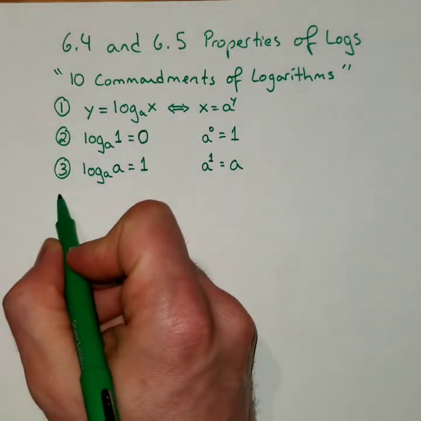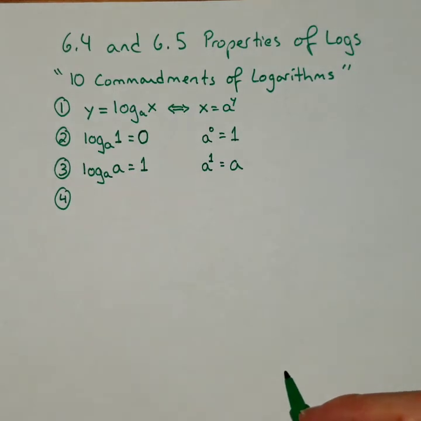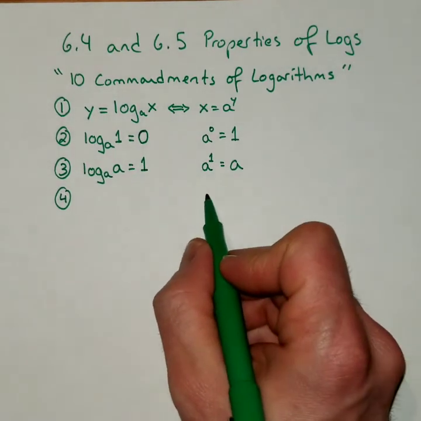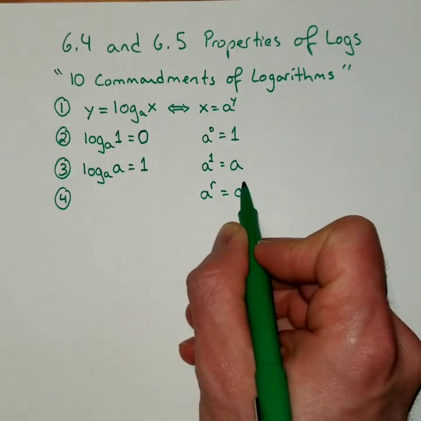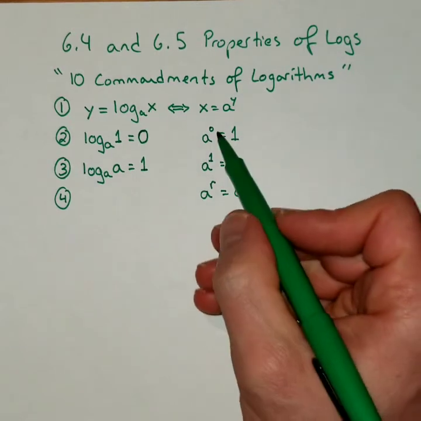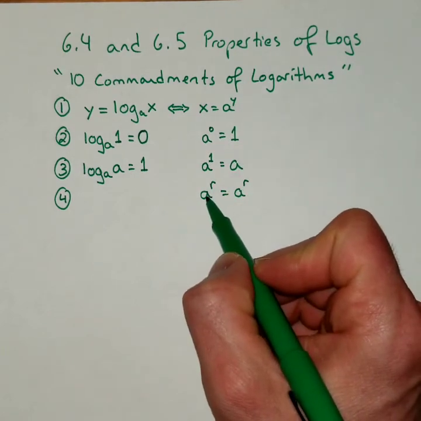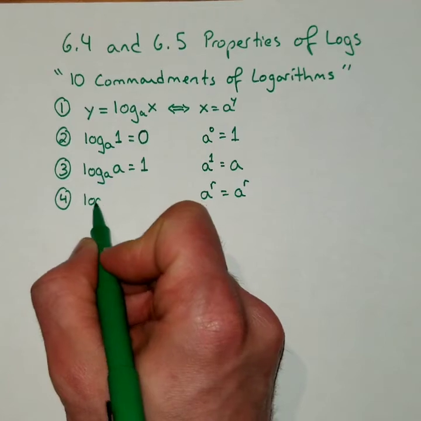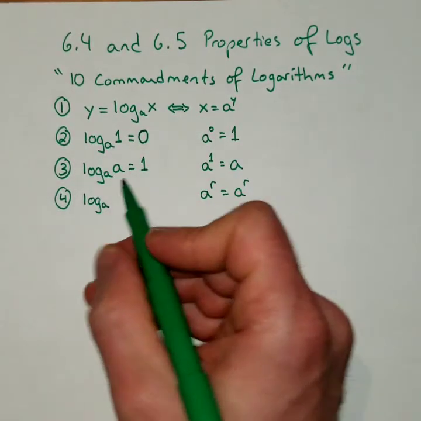Property number 4 is an interesting one. This one comes from the idea that a to any power is equal to itself, which seems kind of weird. But if you take the a as your log base, the power here, we'll use the r.